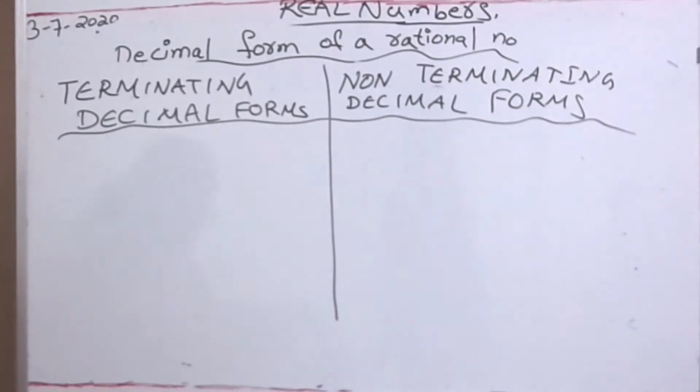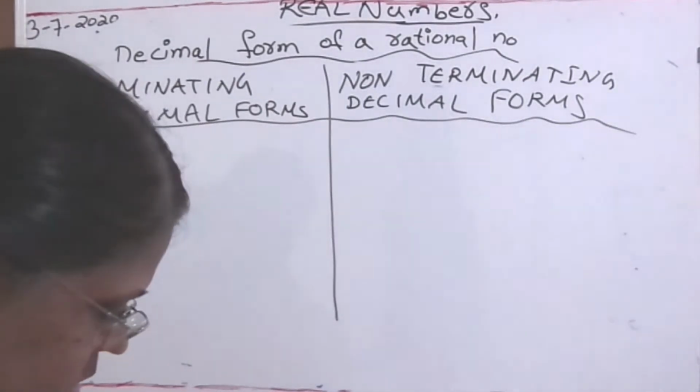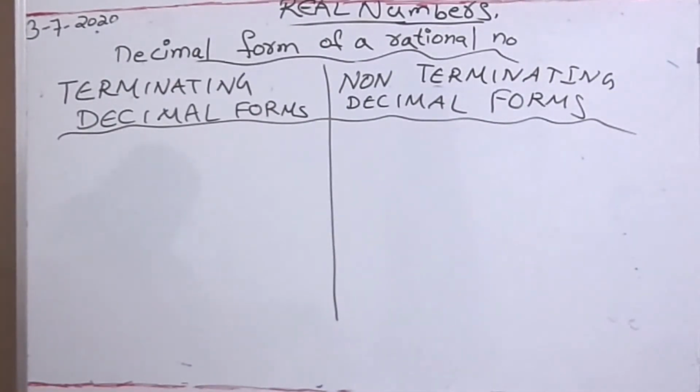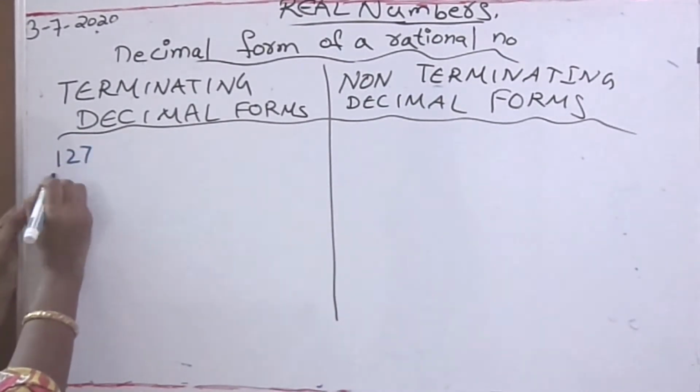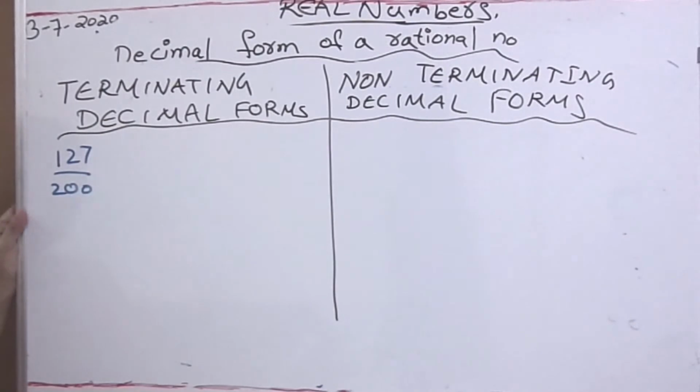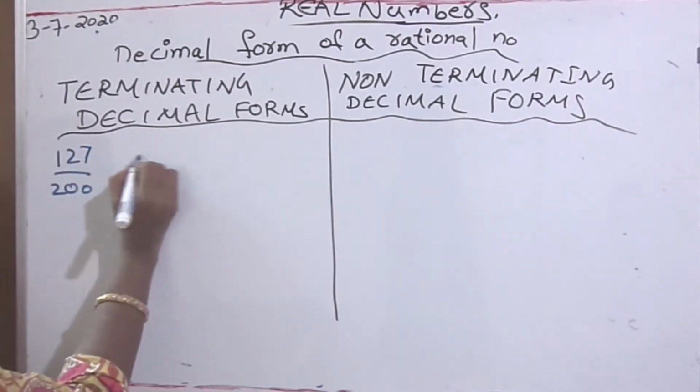Okay, which was the first sum we did? 127 upon 200. And what was the answer we got? 0.635.